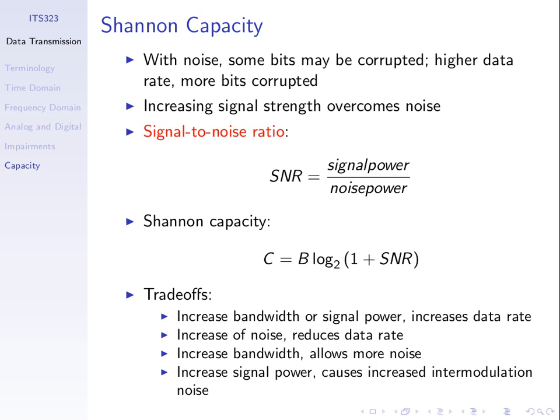If we increase the signal strength, if S goes up, the capacity will go up. If we increase the bandwidth, the capacity will go up. If we increase the noise, capacity will go down. The more noise, the less information gets communicated. And you can see that in the equation.